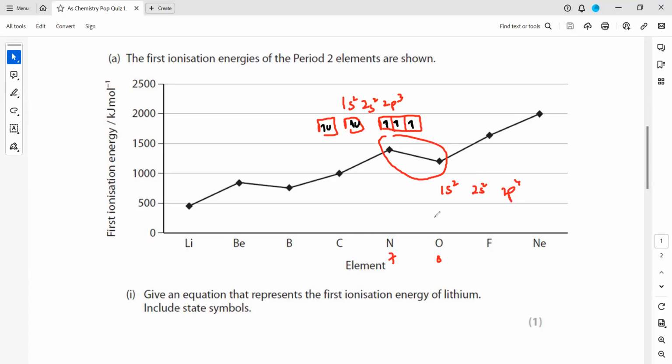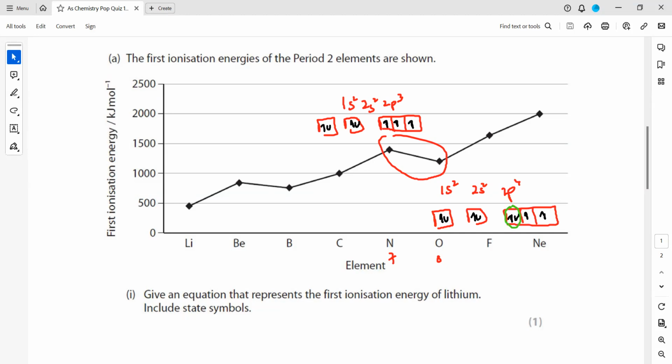So when we represent the electrons in a box model, first they occupy singly, and then there is one pair. As a result, this pair of electrons will have more repulsion than electrons occupying the orbitals singly. As they have more repulsion, it will become easy to remove the electron.